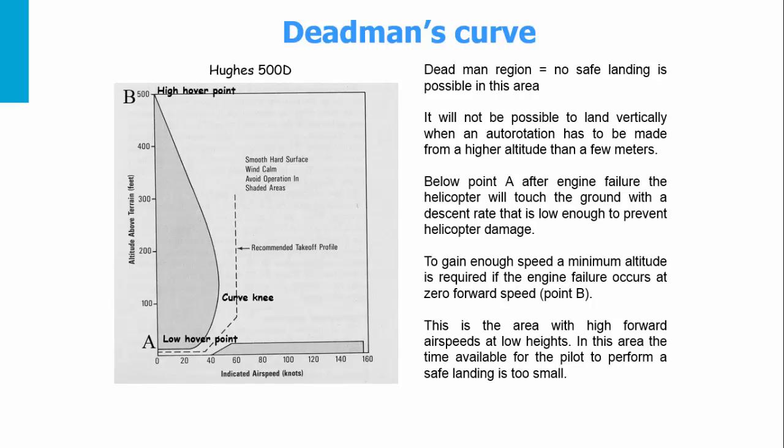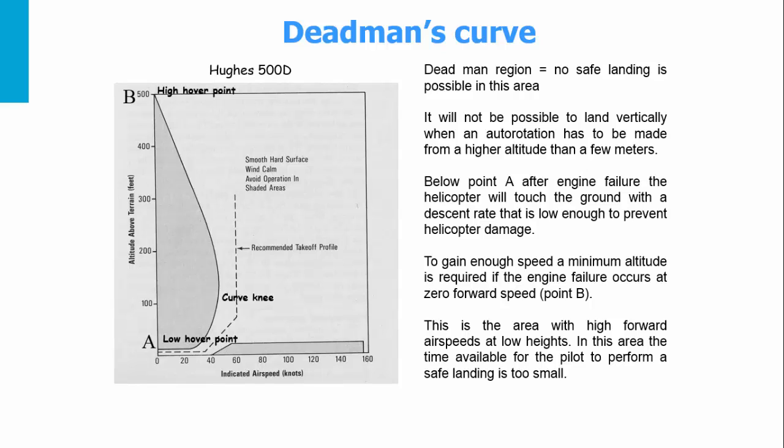To gain enough speed to go forward, we need to have a minimum altitude, and this is the high hover point. If an engine fails at this point, at zero forward speed, we have enough altitude to build forward speed and autorotate safely.